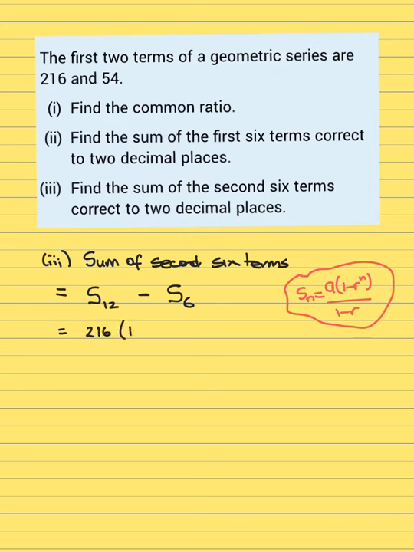S12 is a times 1 minus r to the power of 12 over 1 minus r. And then we subtract S6. And S6, of course, is 216 times 1 minus a quarter to the power of 6 over 1 minus a quarter.